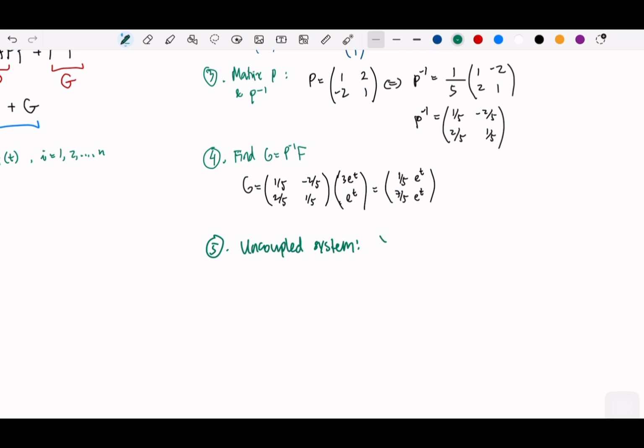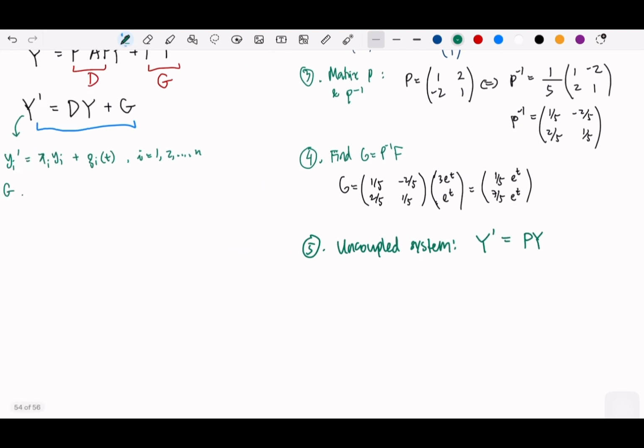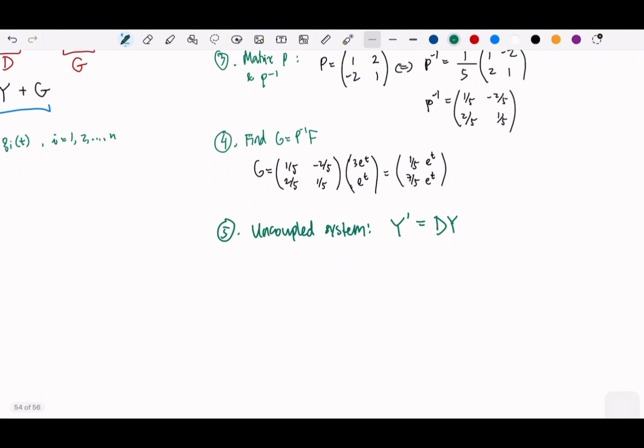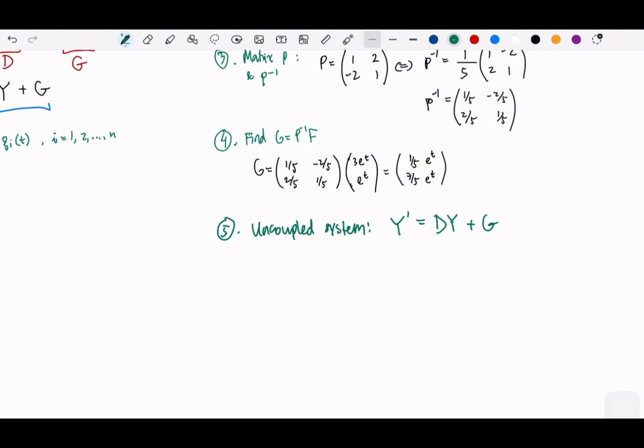The uncoupled system is y prime equals P inverse APy, or D, since we already multiplied with P inverse, so it becomes Dy plus G. And remember, D is a diagonal matrix, which is the diagonal eigenvalue matrix.